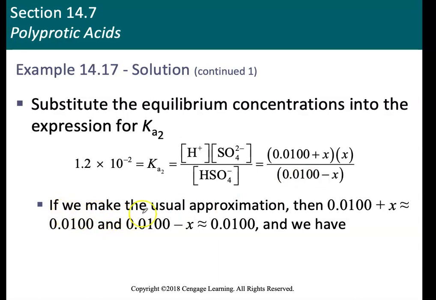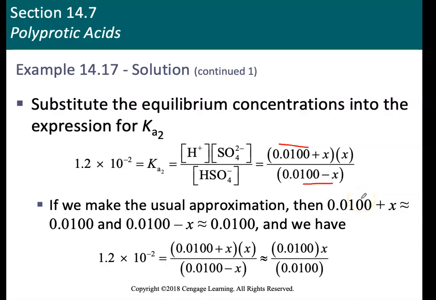So if we make the usual approximation, that means this will be approximated to 0.01, and this will be approximated to 0.01, right? So what do we get? 0.01, 0.01, x. So you'll end up with x because these two will cancel out.